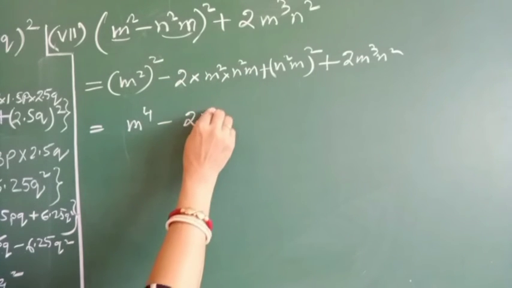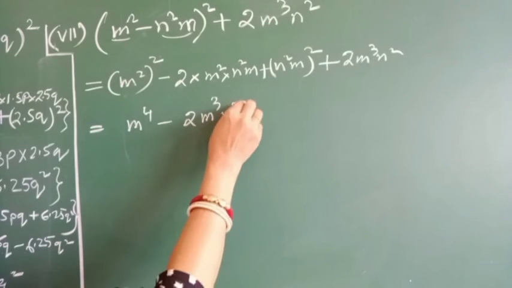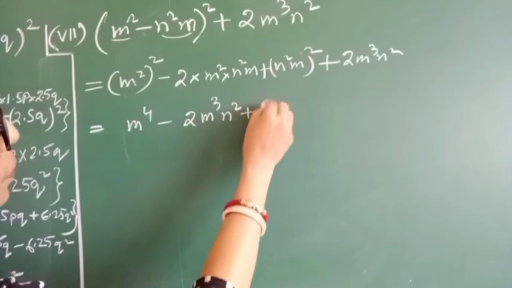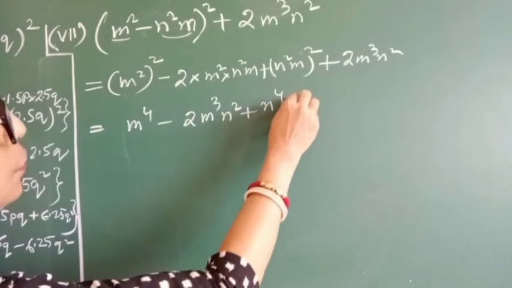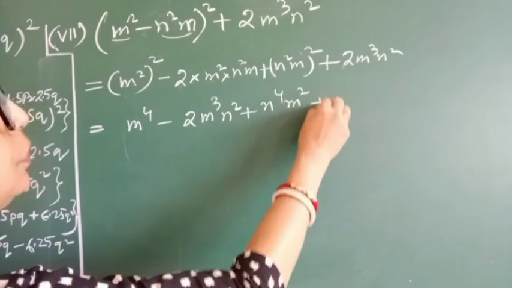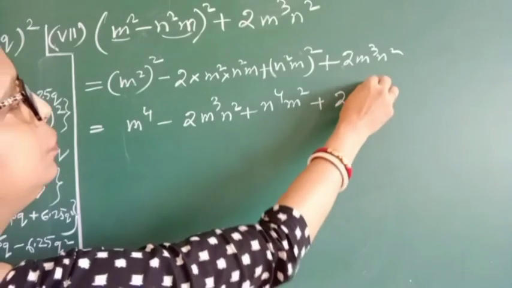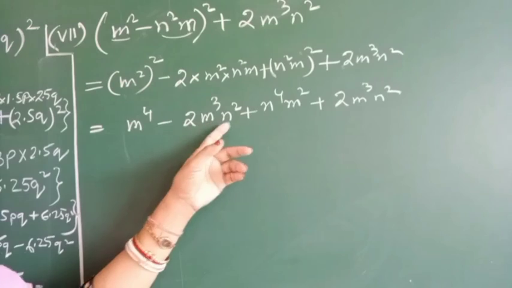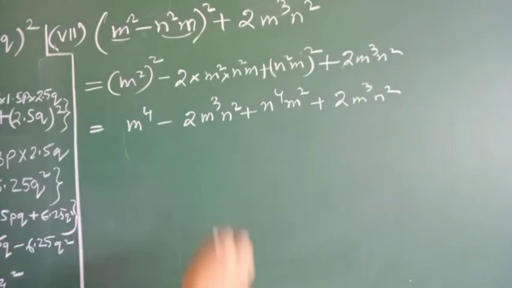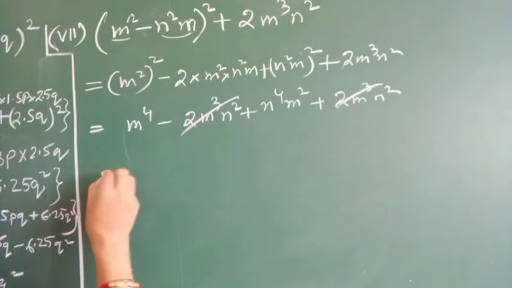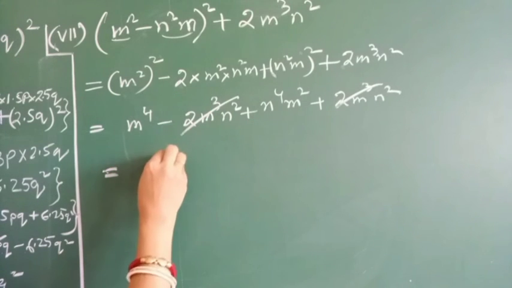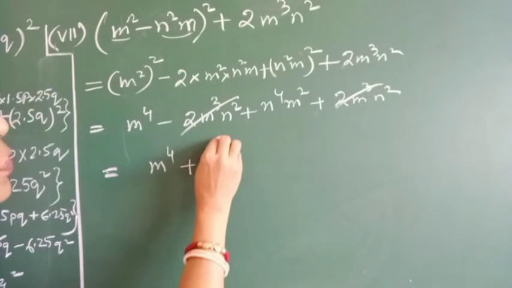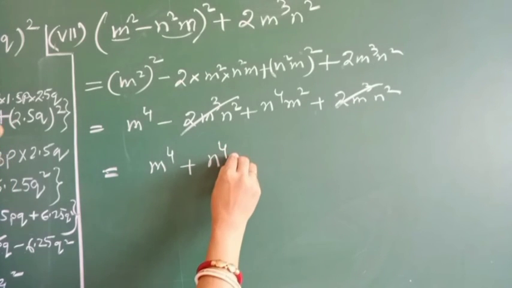So m cube n square, plus n to the power 4 m square, and here it is given already 2 m cube n square. See, this is minus 2m cube n square and this is plus 2m cube n square. We can cancel it. After cancelling it, what is left? m to the power 4 plus n to the power 4 m square.